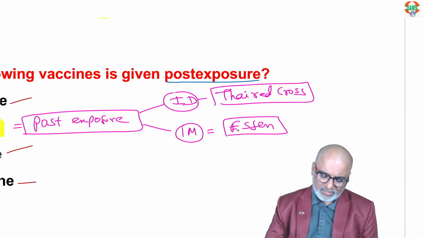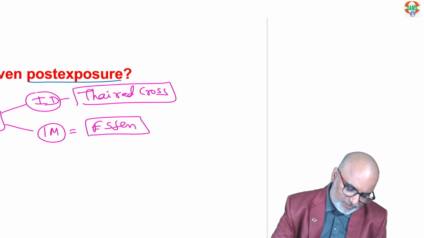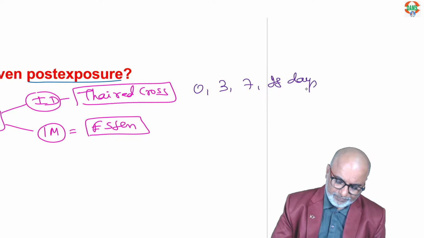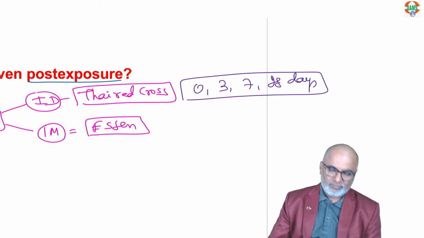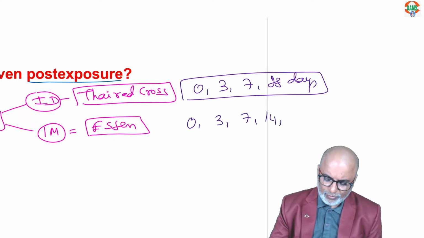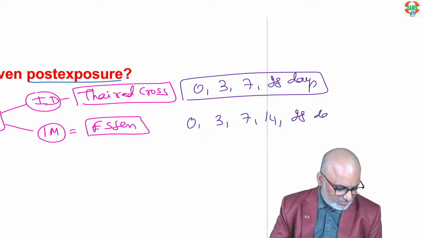So what is the difference here? In the intradermal we have 4 doses on 0, 3, 7, 28 days. In the Essen regimen, 0, 3, 7, 14, 28 days.